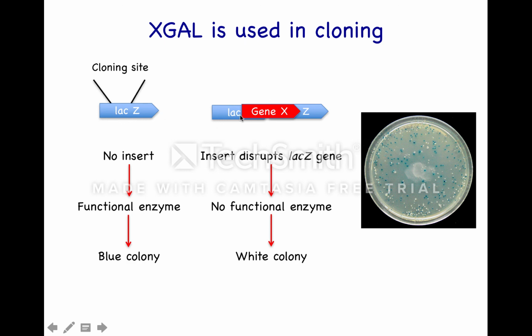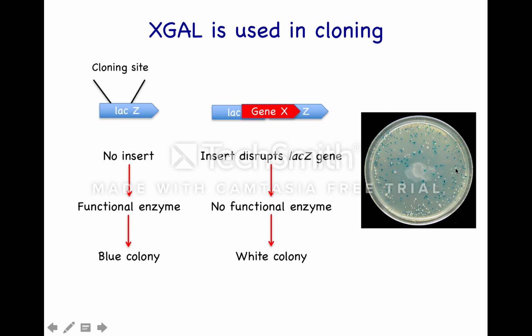So if you were successful in cloning your gene into it, you would disrupt the LAC-Z gene, and you would not produce any functional enzyme, and therefore you would get a white colony. If you are trying to clone something, you want to get that gene cloned in there. So this is the result that you would want to see.